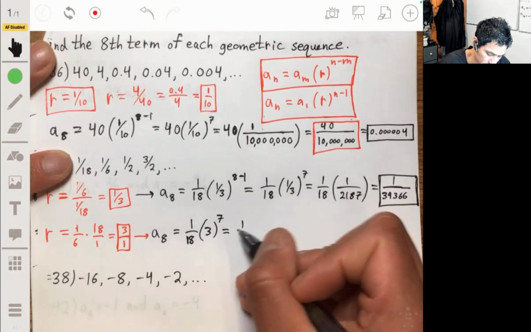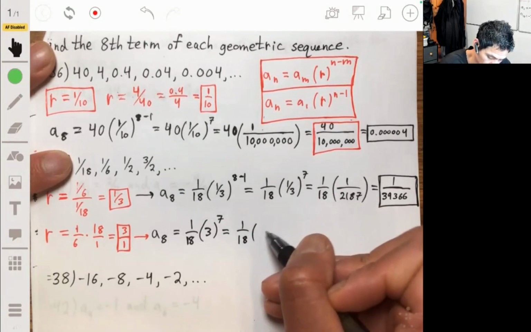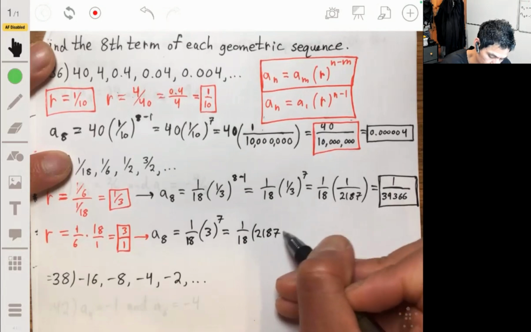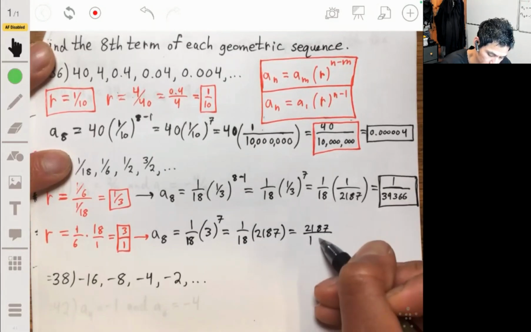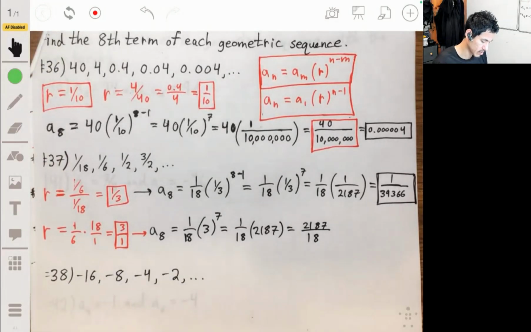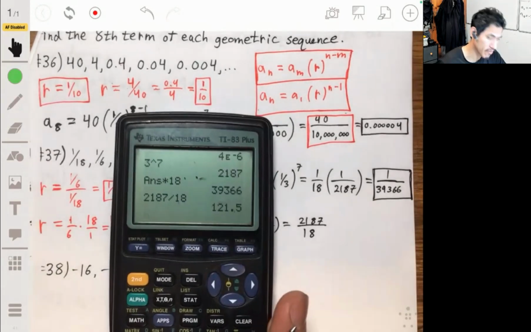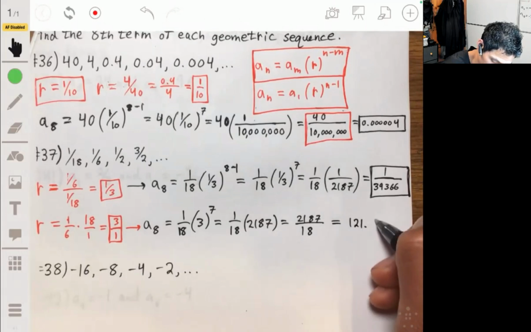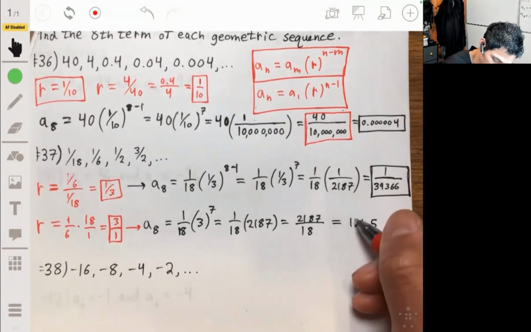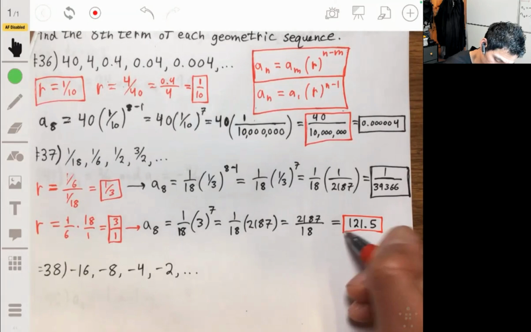So this will be 1/18 times 2187, or 2187 over 18. It'll be 121.5. My apologies about that, but it's just some extra practice.